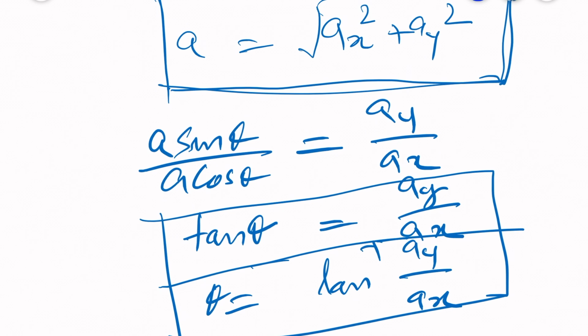Now the question would come, why are we doing all this? What is the point of it? The point of it is very simple. Let's go back to our previous situation where we had two vectors. So let's draw our axis first. Let's say this is our x-axis and this is our y-axis.